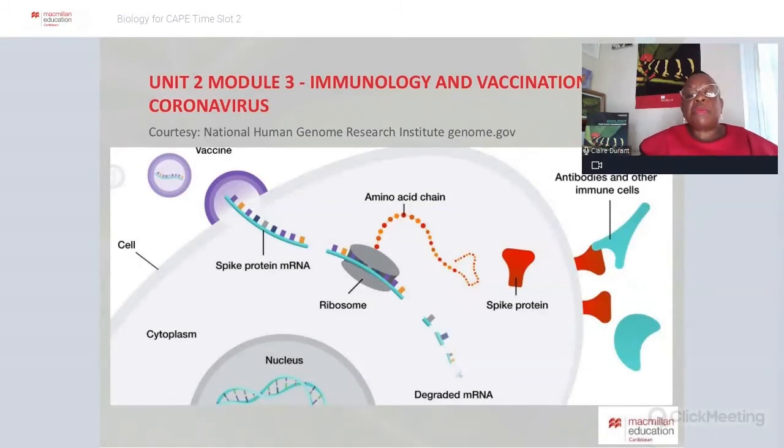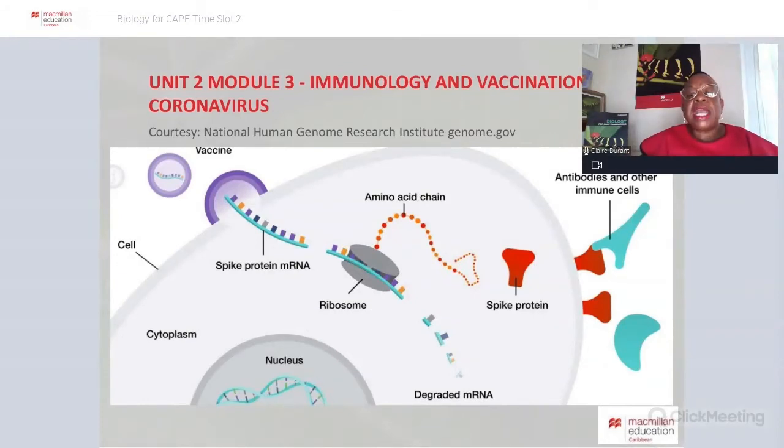These spike proteins then present themselves on the outside of the cell and also into the bloodstream, and in that way, your body says, I have not seen this particular spike protein, which is an antigen. I have not seen this before.